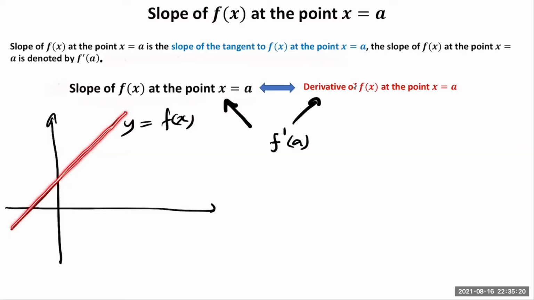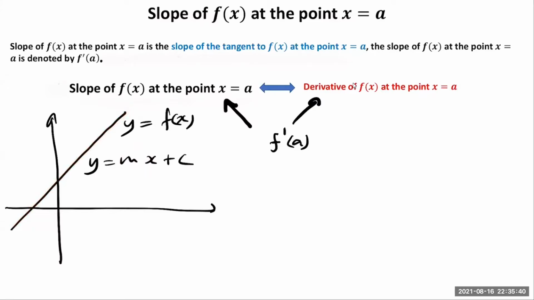The slope of this straight line is a constant. Usually a straight line takes the form y is equal to mx plus c. This m is what we call the slope of this straight line. The slope is constant.